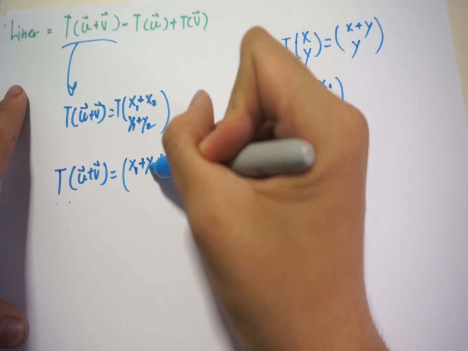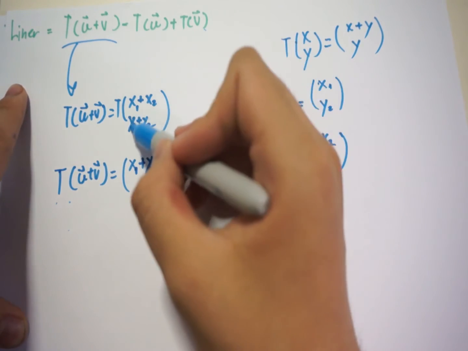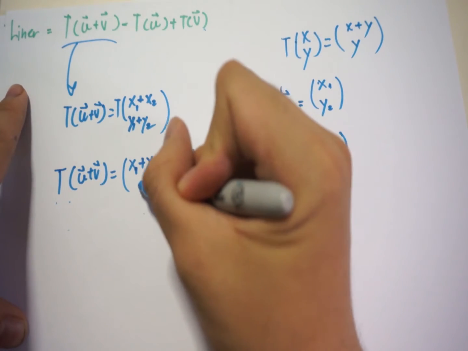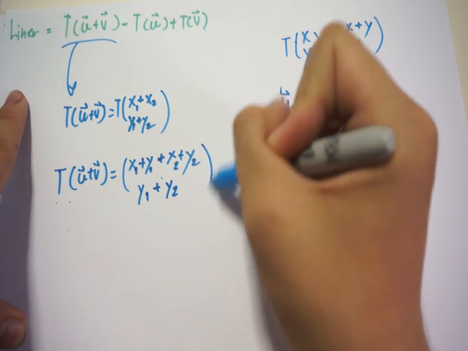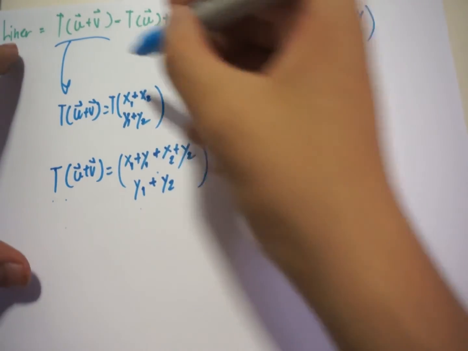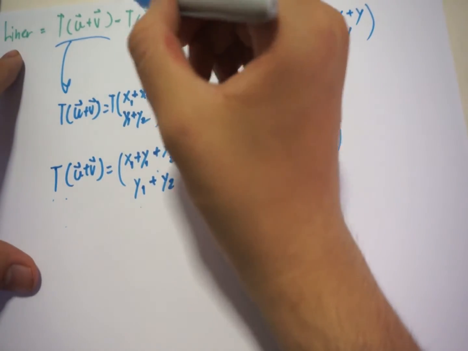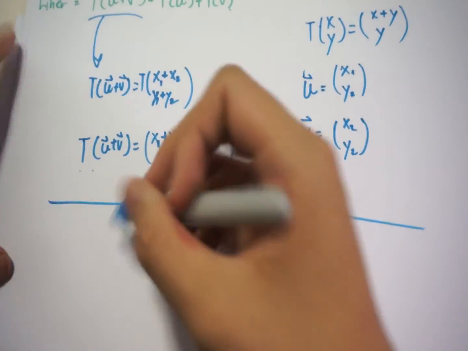This is the first one, this is the second one, and we have y. We have y number 1 and then y number 2, since maybe they're going to be different numbers. Okay, we got the first one. Now we're going to find the second one. Okay, let's see. I'm going to separate it here.